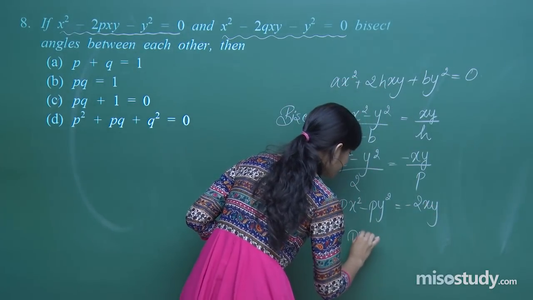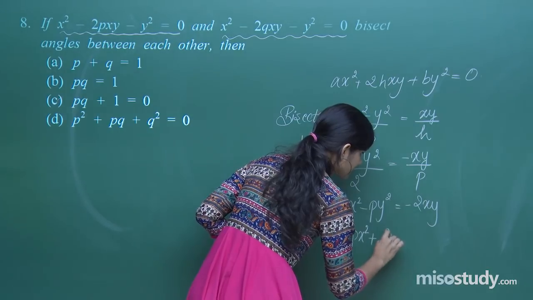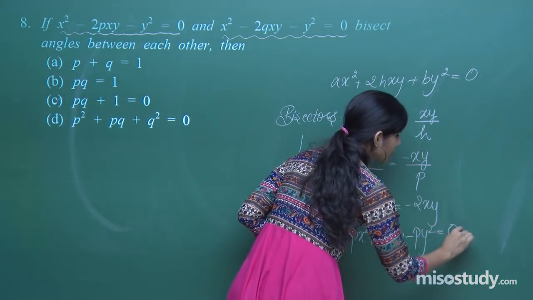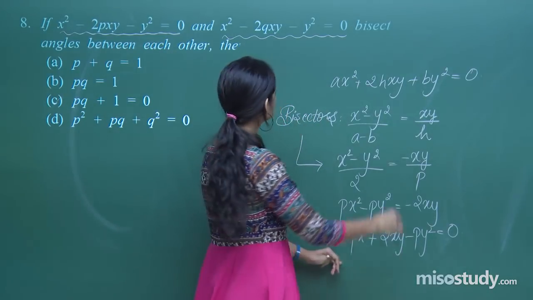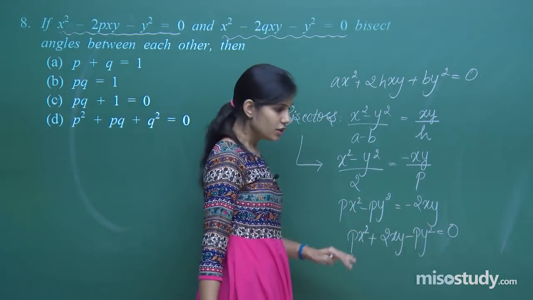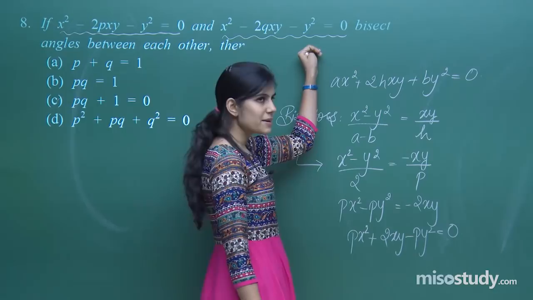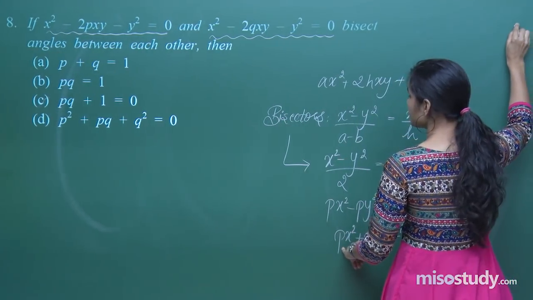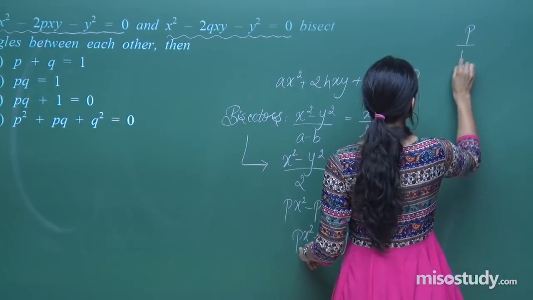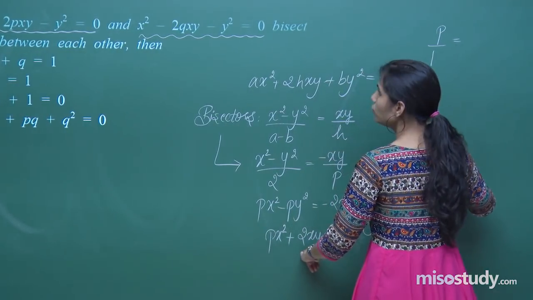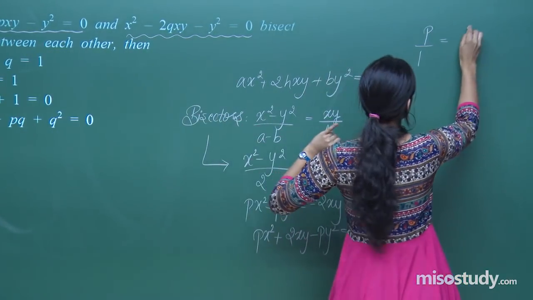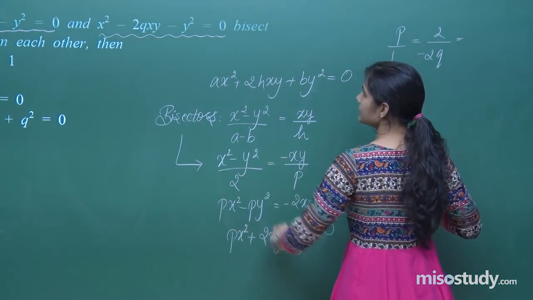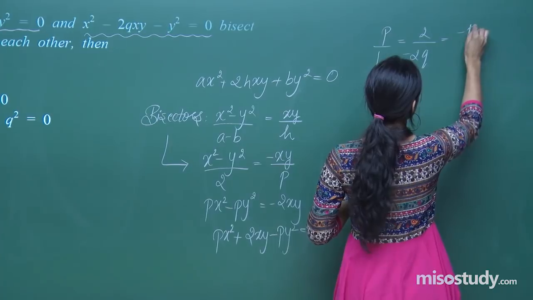So this is px square plus 2xy minus py square equals 0. But actually this equation is given to you to be equal to this. So this equation should be same as this equation, and therefore I get that the coefficients are proportional. p upon 1 is equal to 2 upon minus 2q is equal to minus p upon minus 1.